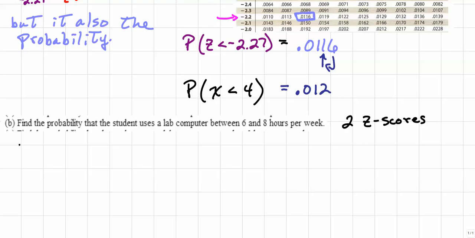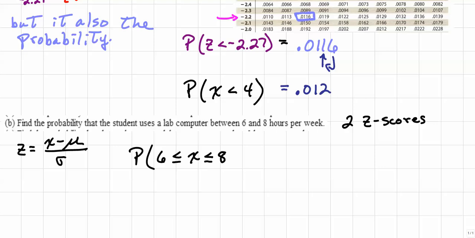So as a quick reminder, remember that z will be equal to the x value minus the mean divided by the standard deviation. So in mathematical terms, we're looking for the probability that 6 is less than or equal to x, which is less than or equal to 8. And then we can also put that in terms of a z-score once we find the z-score.